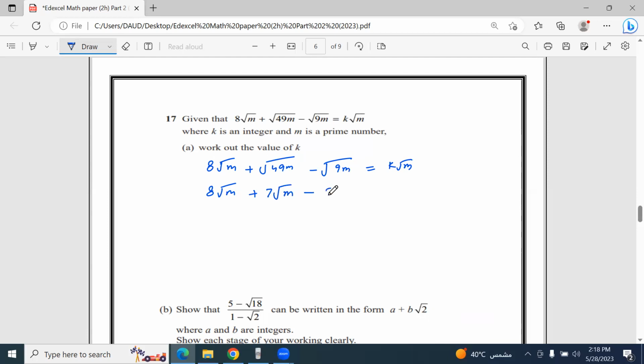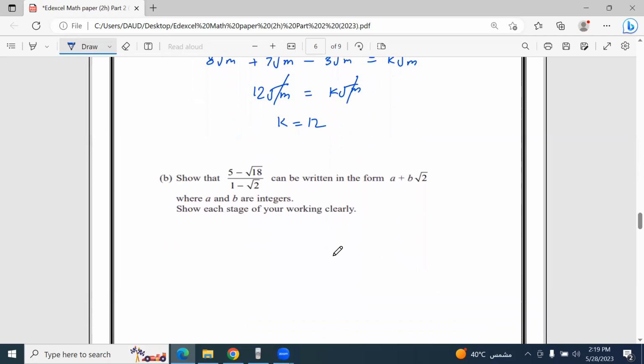And 9 is also a square number, so 3 square root of m. Now they are all like terms, so we can add or subtract. 8 plus 7 is 15, 15 minus 3 is 12. So 12 square root of m equals k square root of m. By comparison we can cancel square root of m, so k is equal to 12.